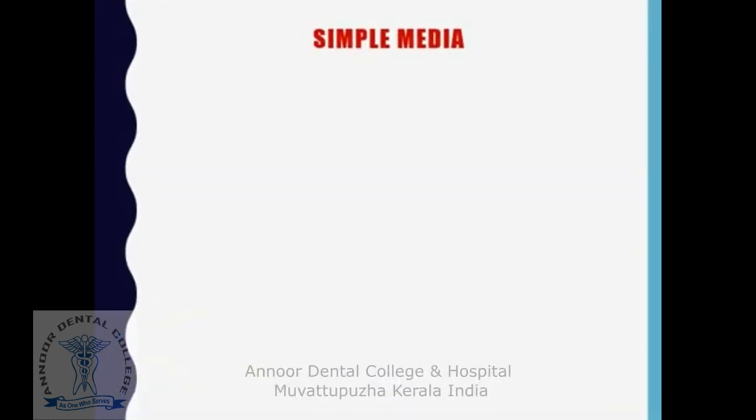The next category of media is simple media. As the name indicates, it is a basal media made of common ingredients. It is used for the growth of non-fastidious organisms. Non-fastidious means bacteria which do not require any special growth requirements. Only the basic ingredients are enough for their growth. They are known as non-fastidious.